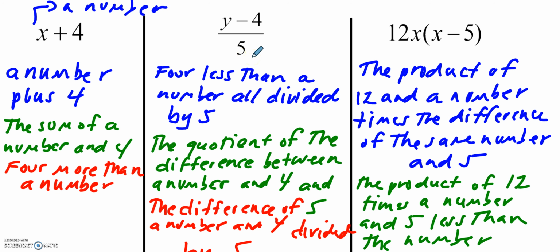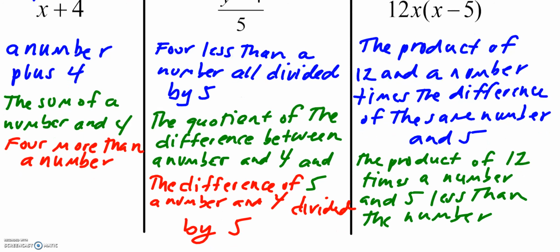The green is also a possibility. Also, you could say the difference of a number and 4 divided by 5. That also could work. I would say that the green is probably the wordiest, but it is using the vocabulary that is sometimes not used as much, which is why I put it there.